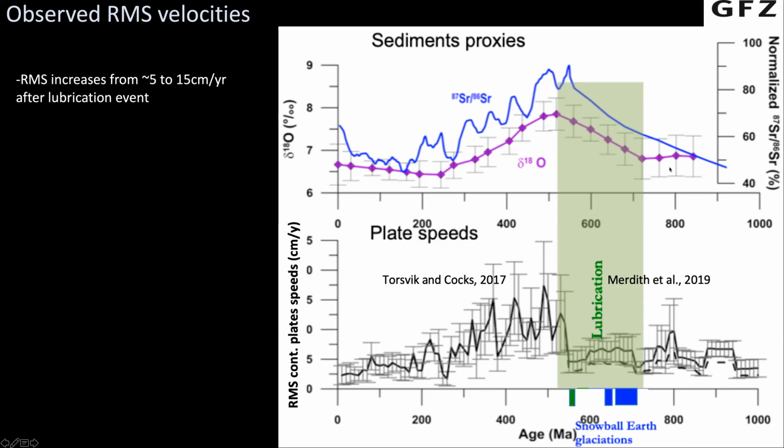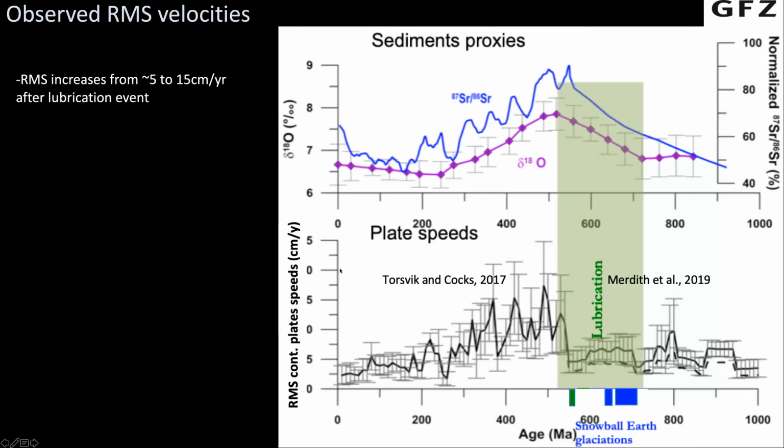And what we can see is we have the snowball Earth glaciation indicated in blue here. And ever after this glaciation, we see the increase in the sediment proxies to a peak around 500 million years ago, and then this steady decrease.